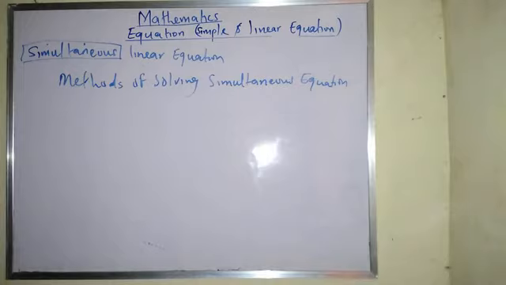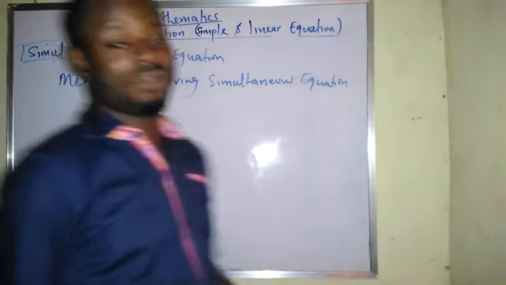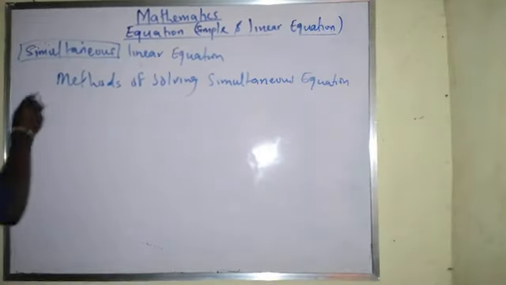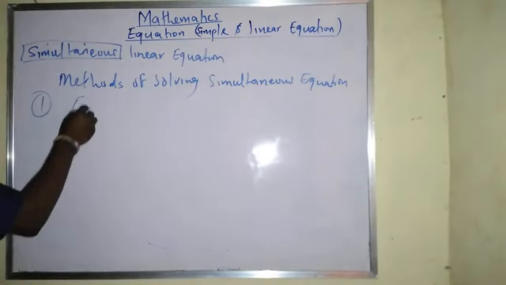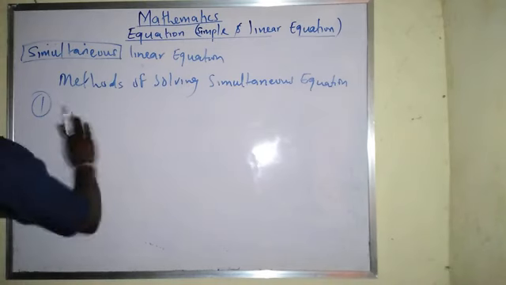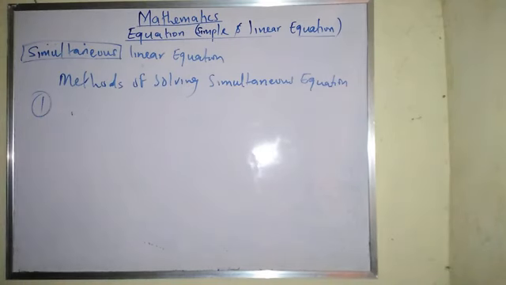Normally, there are 4 methods of solving simultaneous equation. The first method, we call it elimination. How do I spell elimination? Okay, we have the elimination method.